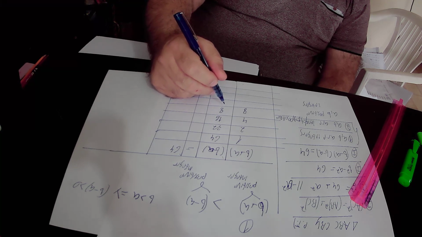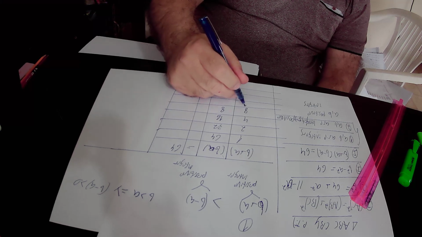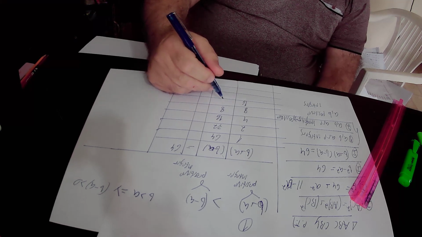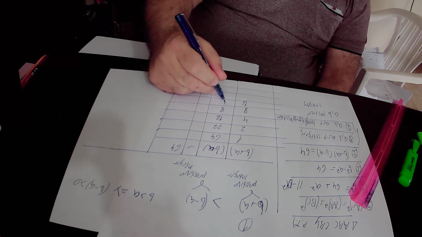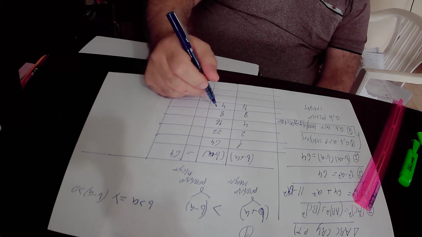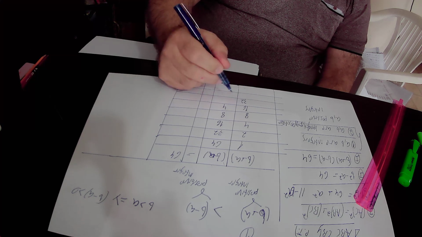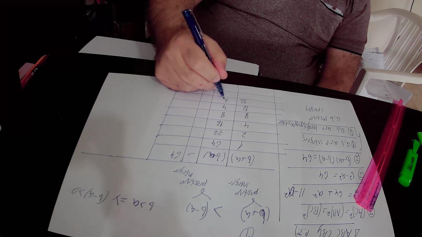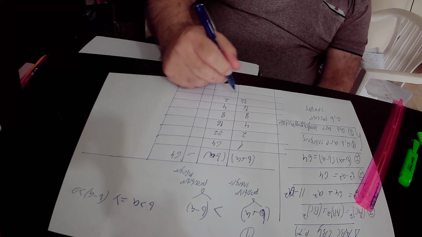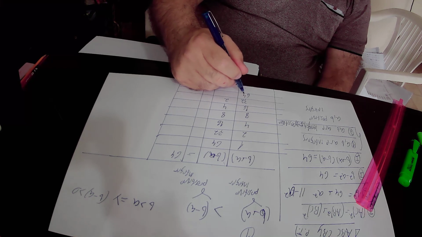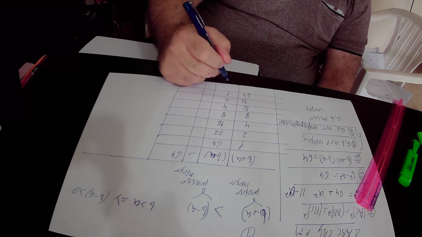The fifth option is that B plus A equals 16 while B minus A equals 4. The sixth option is B plus A is 32 while B minus A is 2, and the last option is that B plus A is 64 while B minus A is 1.